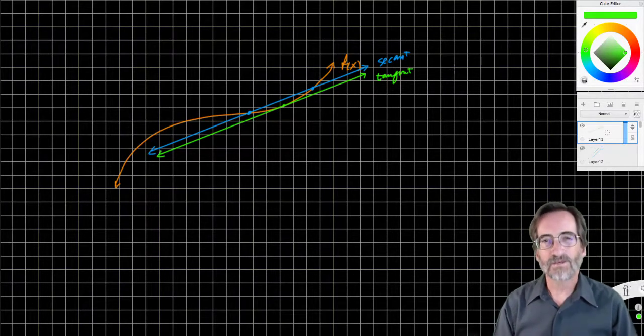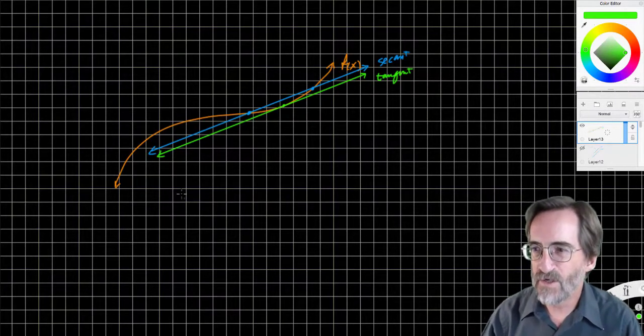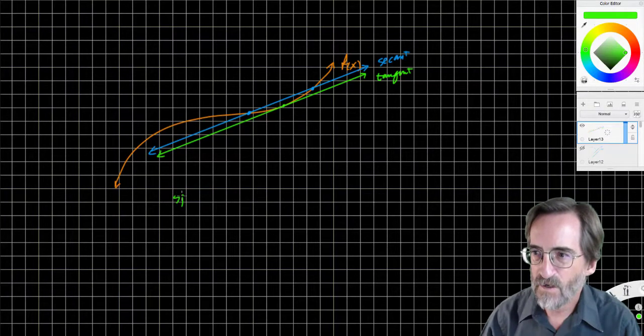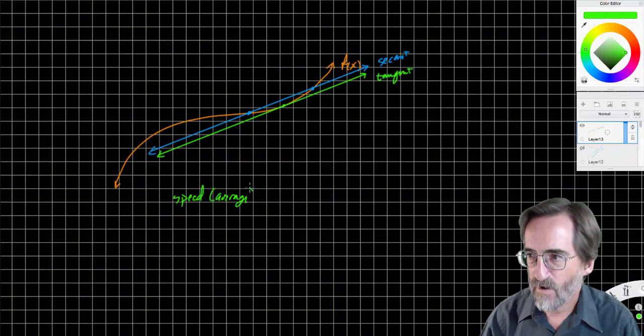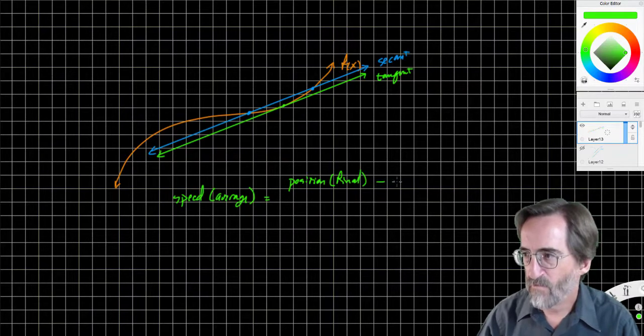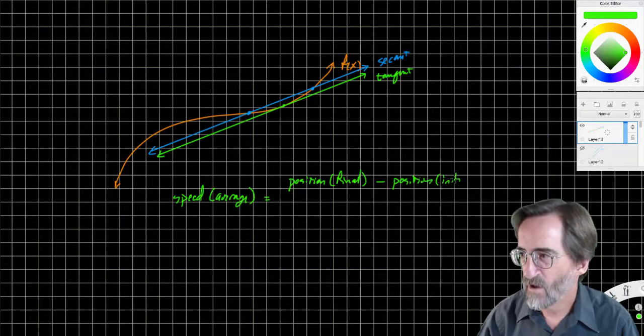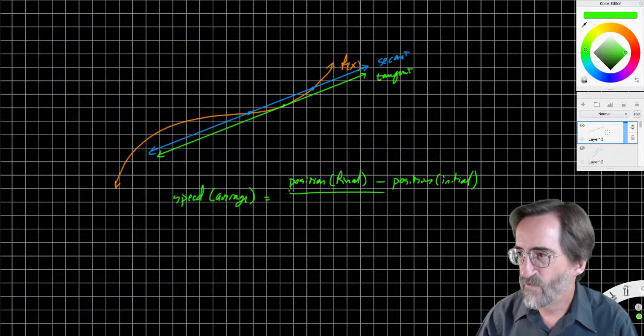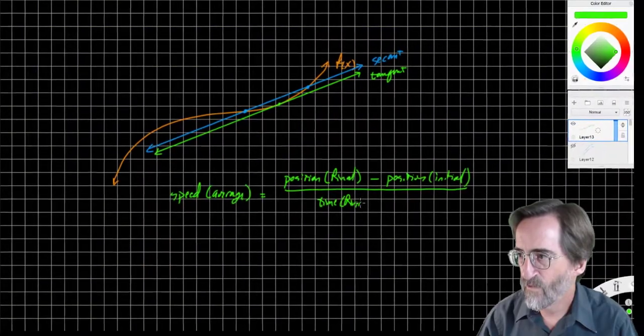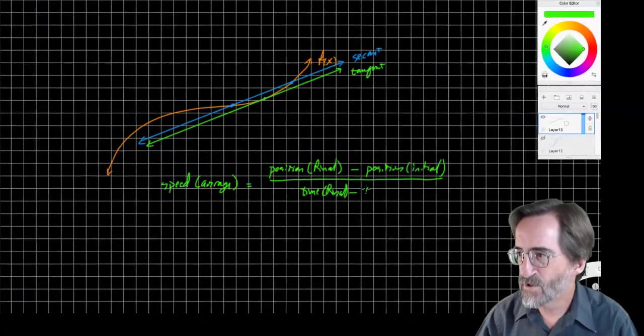And so you recall the average speed is the final position minus the initial position, divided by the final time minus the initial time.